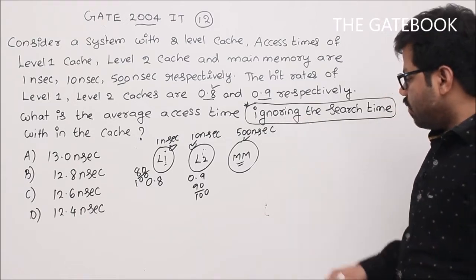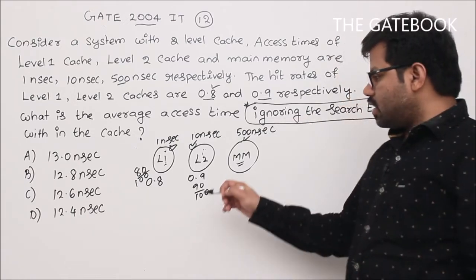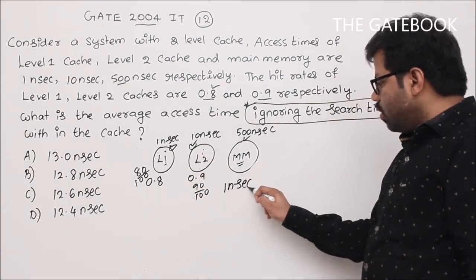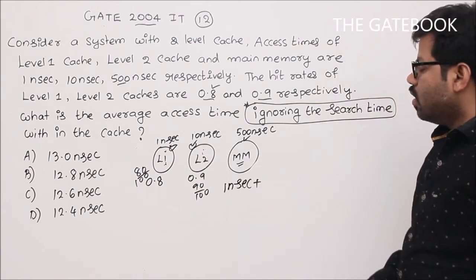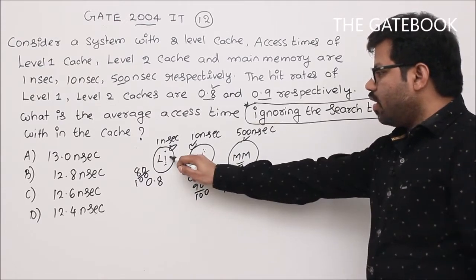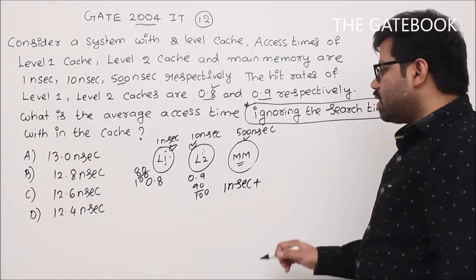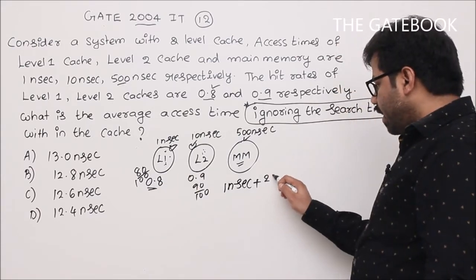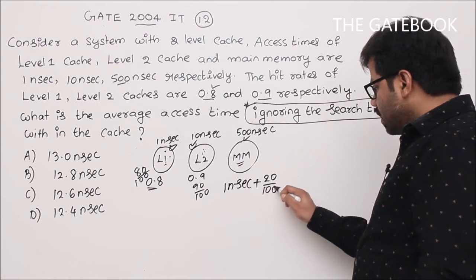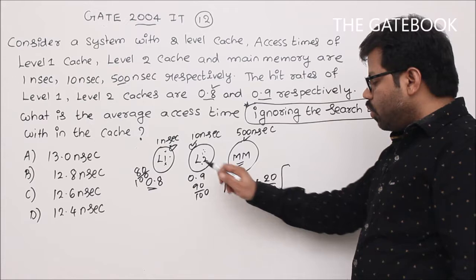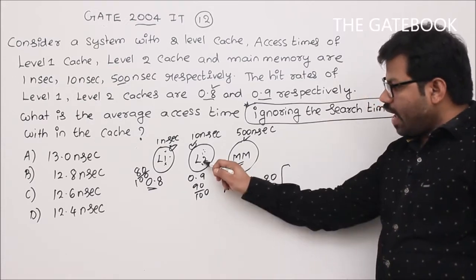Okay, we express this as a formula. So for average memory access time, the 1 nanosecond is always incurred, plus sometimes we come to L2, when L1 misses. What is the miss percentage? 0.8 is hit, so 0.2, correct? Let me write it as 20%. 20% of the time we miss in L1, then we come to L2, and definitely we access L2.